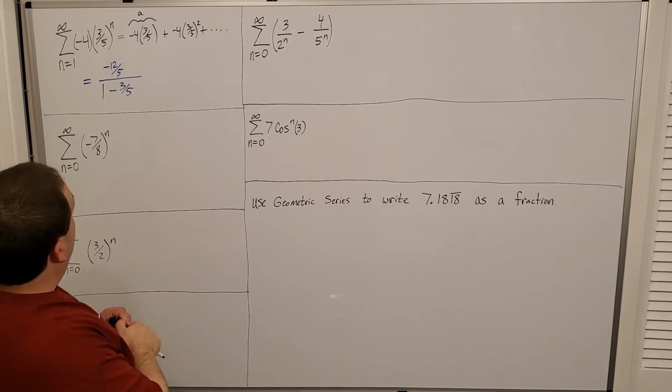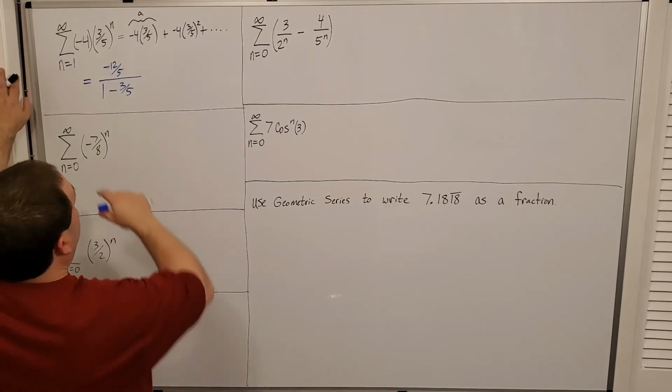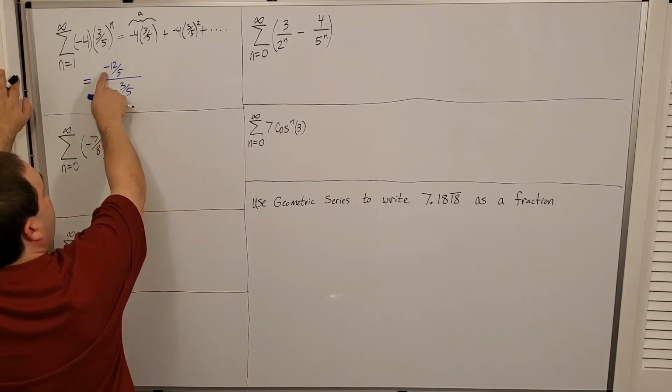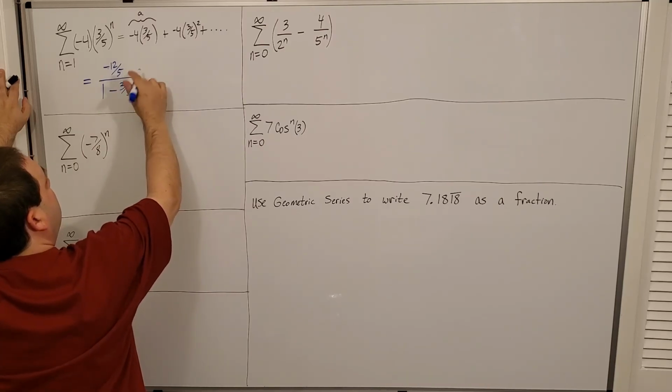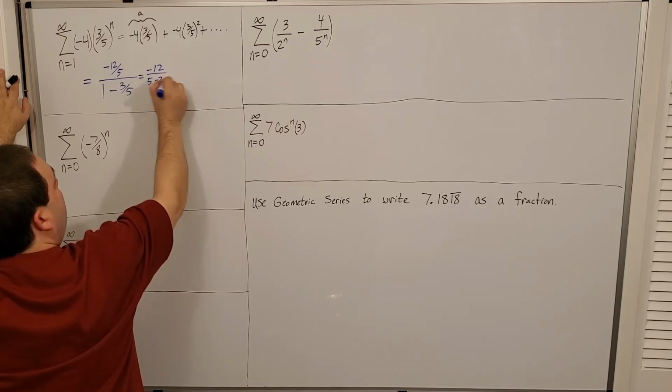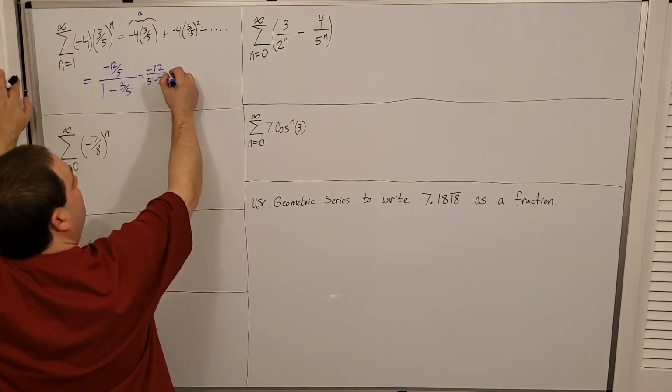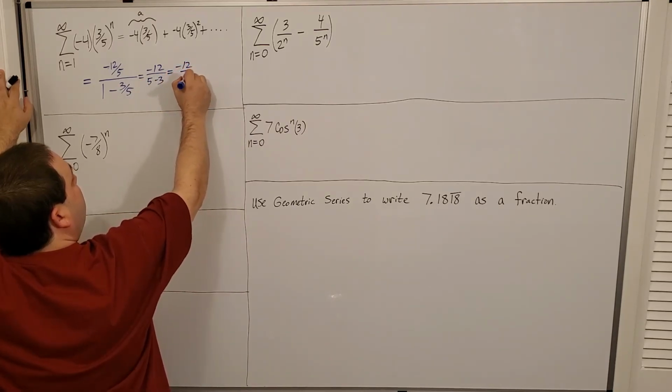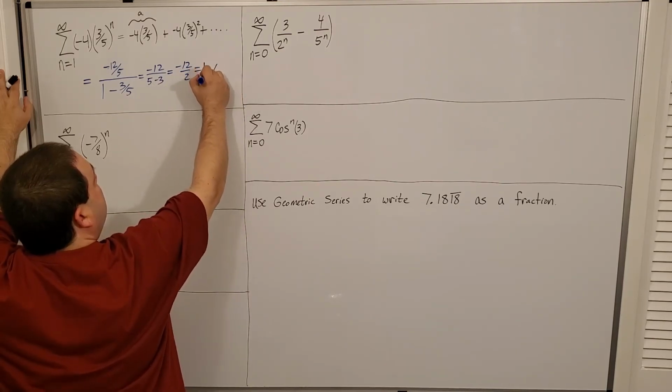Okay, I'll make this easier on myself by multiplying everything by 5. This is going to give me negative 12 over 5 minus 3. Negative 12 over 2, which is going to be negative 6.